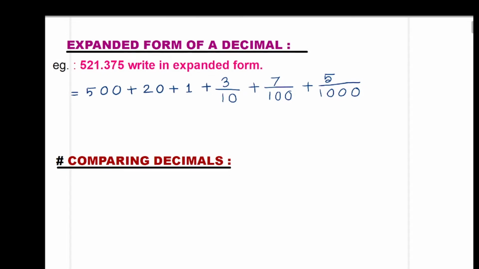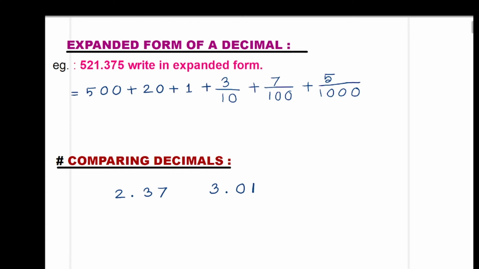So next is comparing decimals. How to compare the decimal? So it is very important. Now see, first of all, 2 numbers are given. Suppose 2.37, and another decimal is 3.01.